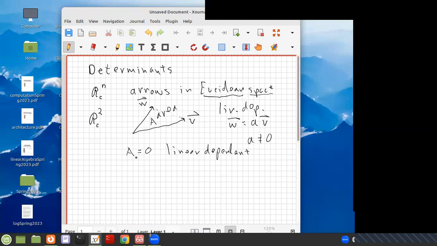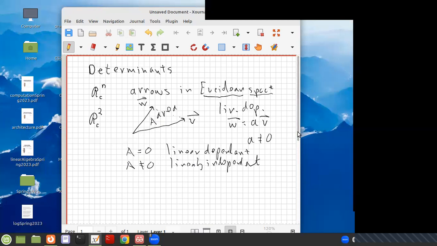And if the area is not equal to 0, they're linearly independent. So the area seems to be a geometrical quantity that detects linear dependence and independence.